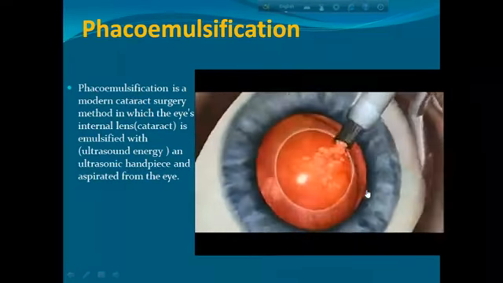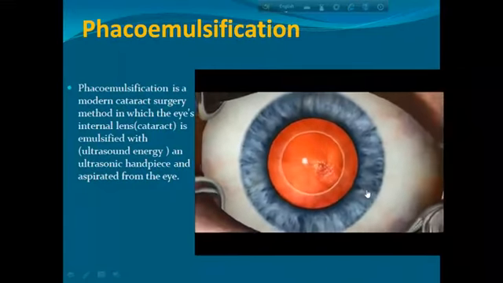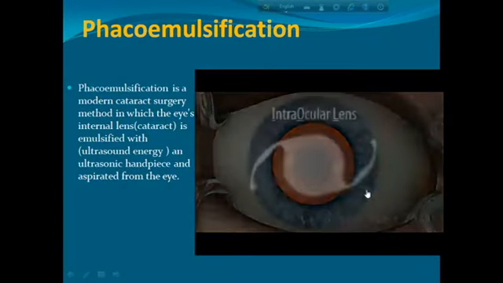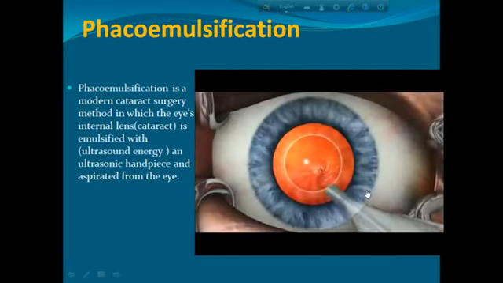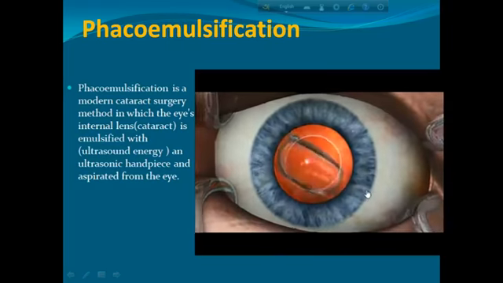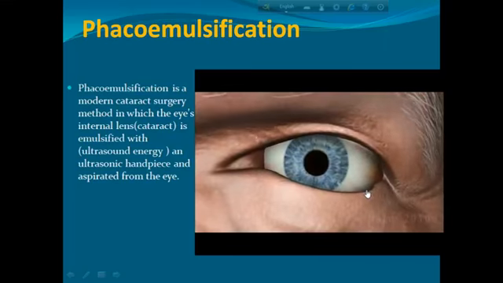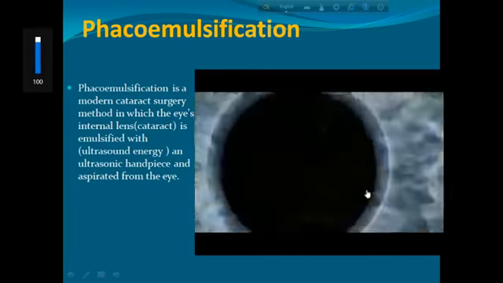Then an intraocular lens is implanted, which restores the patient's vision.